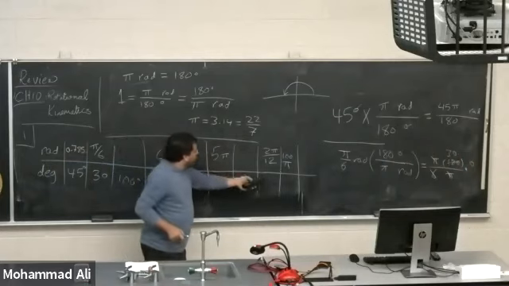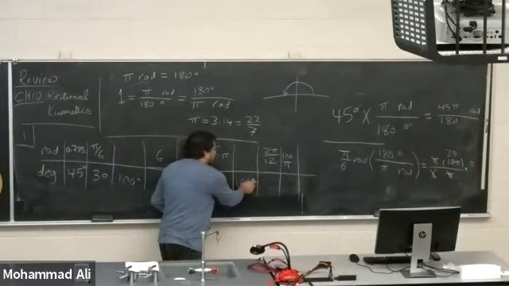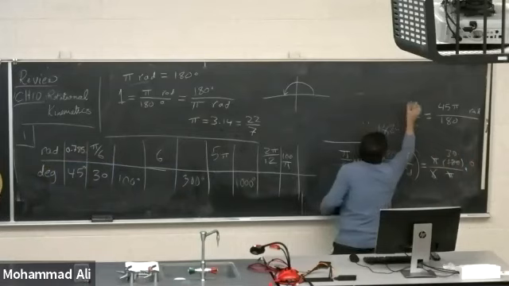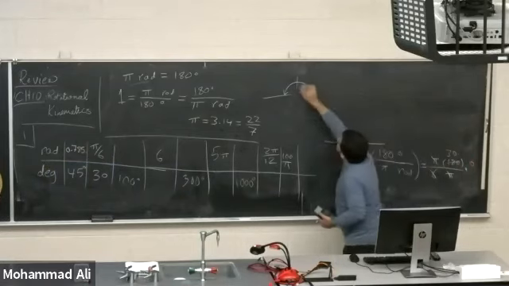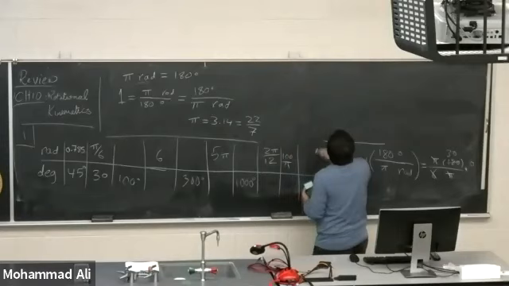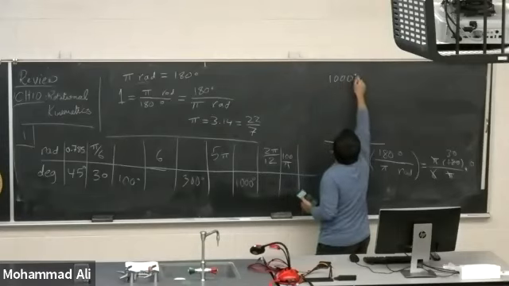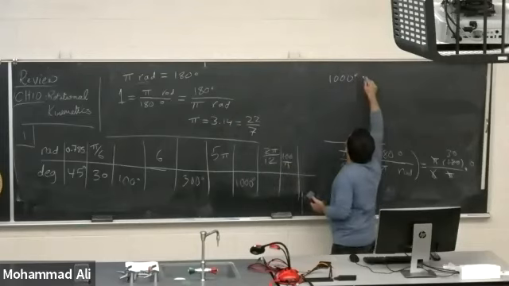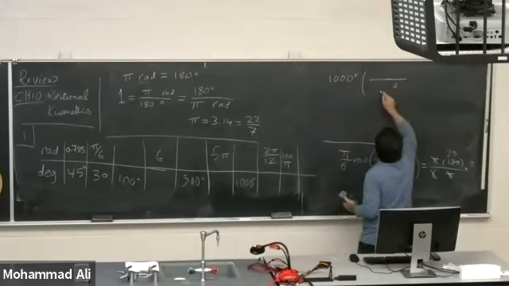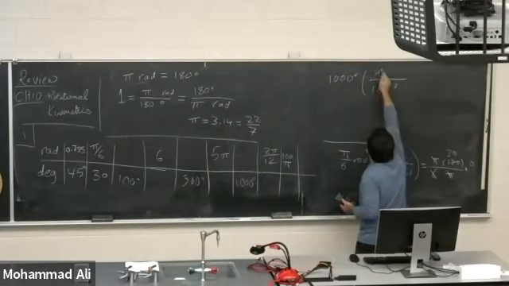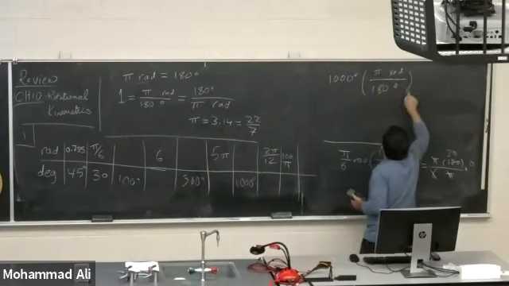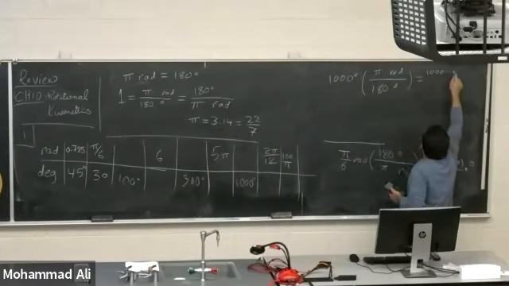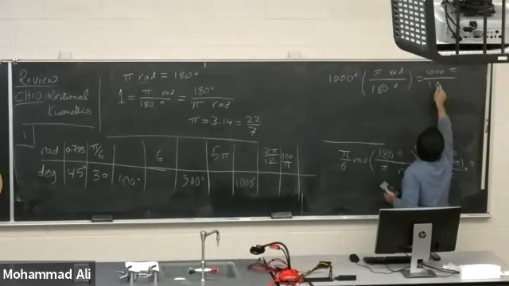For example, I can solve this one: 1000 degrees. 1000 degrees is more than one rotation, many rotations. I need to multiply it by pi radian over 180 degrees. Simple, just like the first one. It will be 1000 pi over 180 radians.